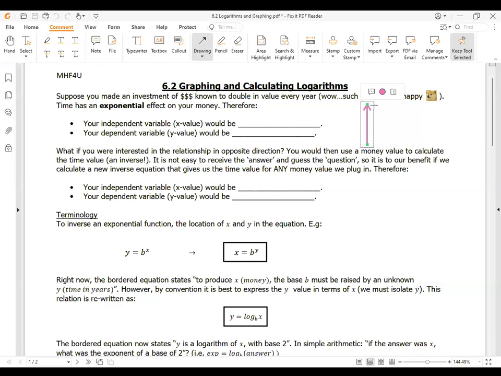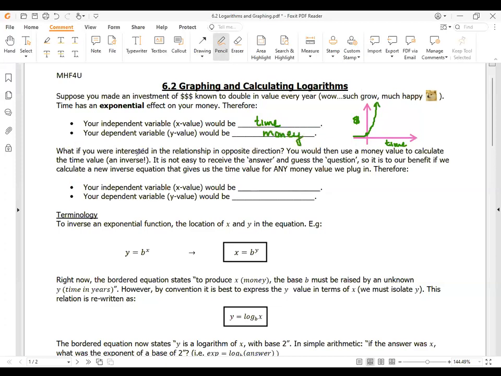If it doubled in value every year, starting from a time of 0, it would shoot up super fast. And we know that time is going to be the independent variable. Independent variable would be time. That means your dependent variable would be money.